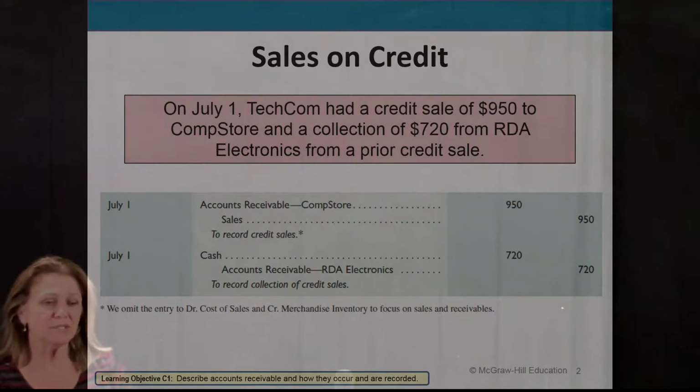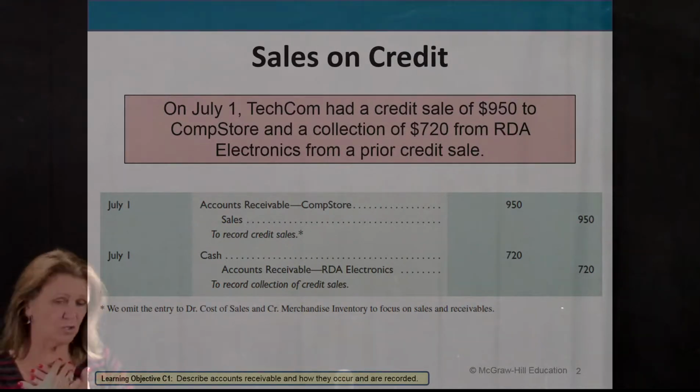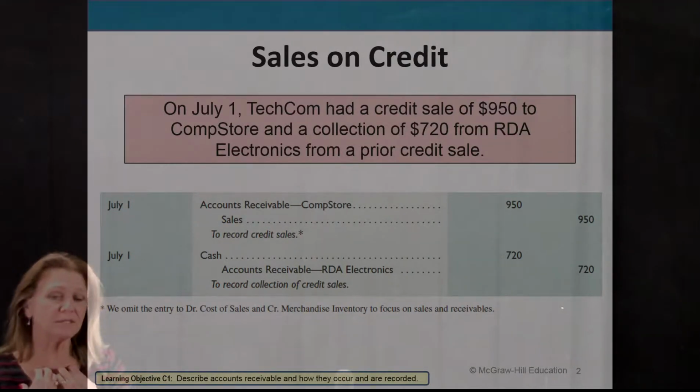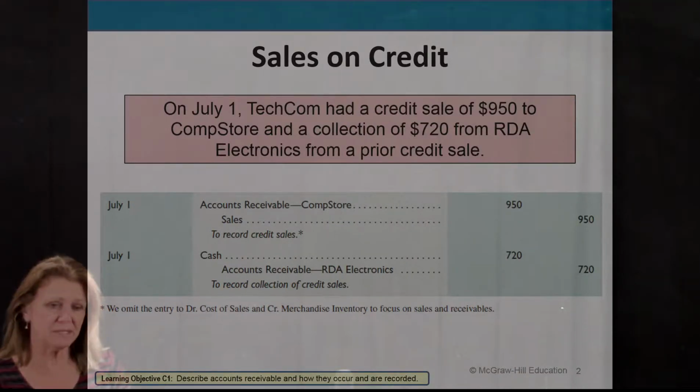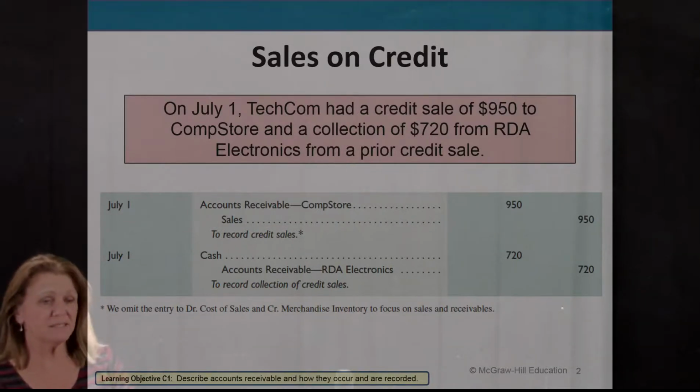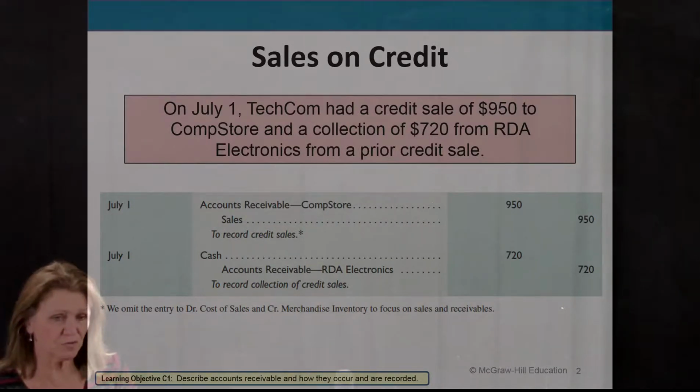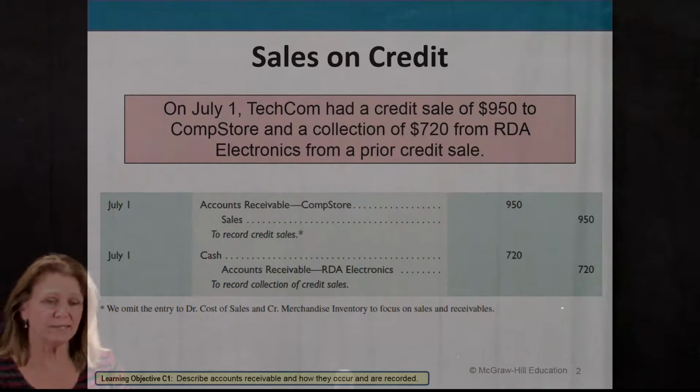If we start out and we're talking about a company that buys their product on credit from you, during this whole chapter, we are going to be the owner of the accounts receivable. We are the company doing business. So this says on July 1st, TechCom had a credit sale of $950 to CompStore and a collection of $720 from RDA Electronics from a prior credit sale.